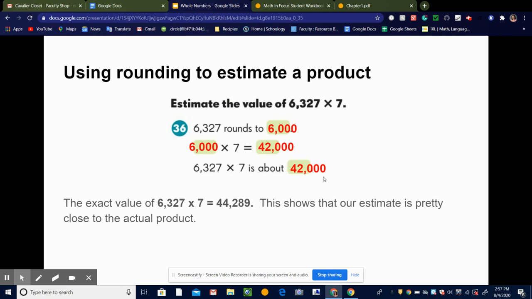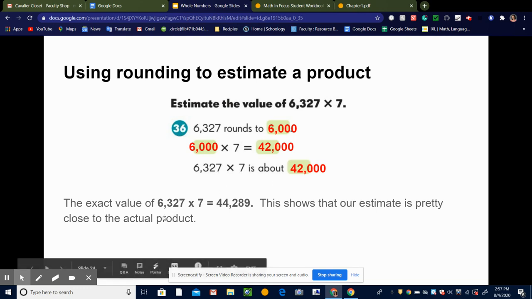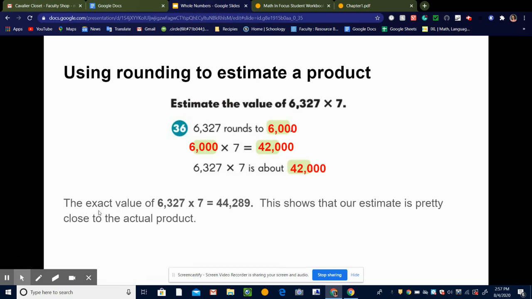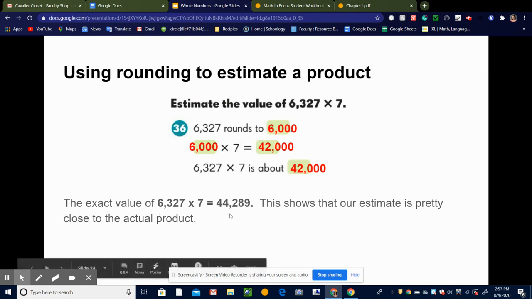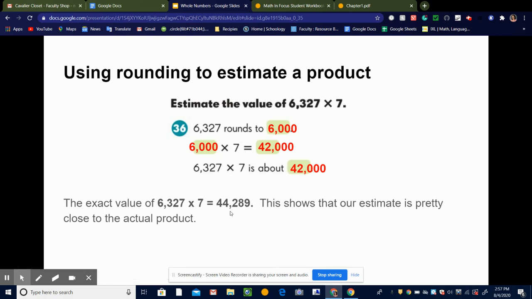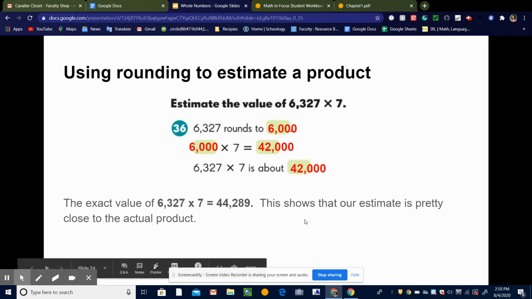It's not exactly 42,000, but it's about 42,000. If we come down here, just so we can compare, the exact value is 44,289. So it's pretty close. It's in the ballpark. That's what we say when we mean it's pretty close. So we can see that we estimated correctly.